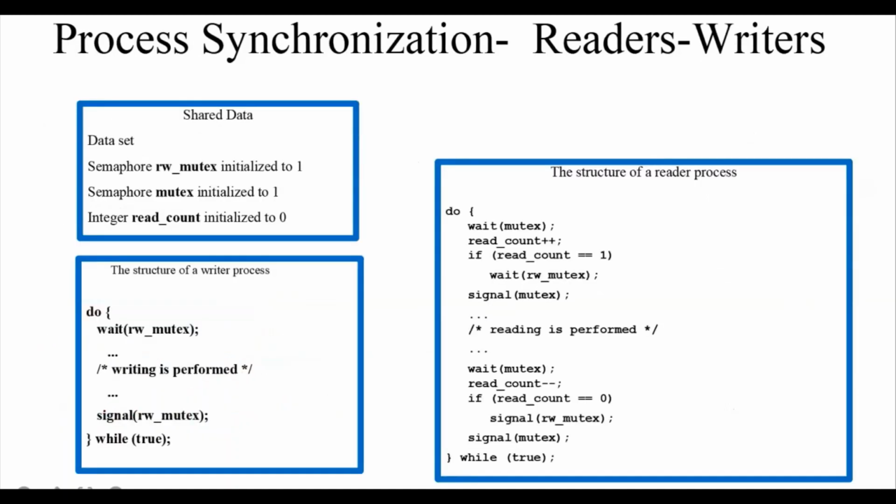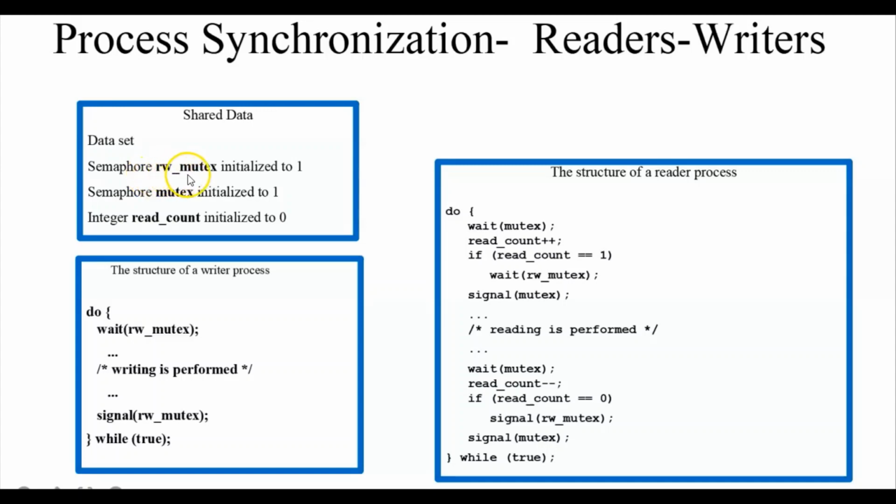Now, let's look into the algorithm. In order to implement the solution, these are the things that are shared between the reader and the writer process. The first one is a binary semaphore, RW mutex. This mutex is used for the protection of the write operation.